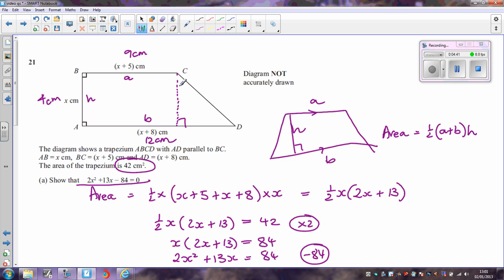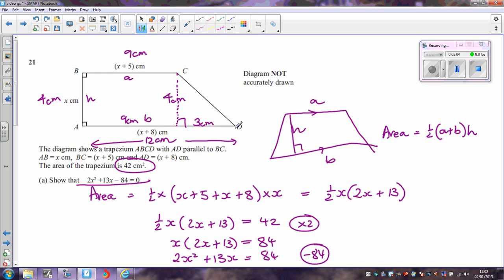If we make this into a little right-angled triangle, we know that this is 4 centimeters, and from here to here, if it's 12 centimeters all the way from A to D, I know that from A to this point here is the 9 centimeters that I've got up here. In other words, this little bit down here must be 3 centimeters. So what I've actually got here is a nice little right-angled triangle.